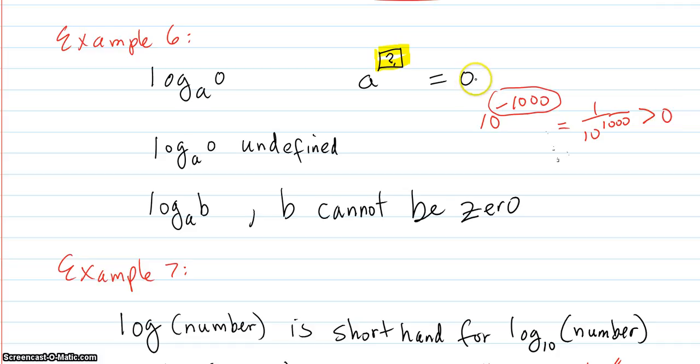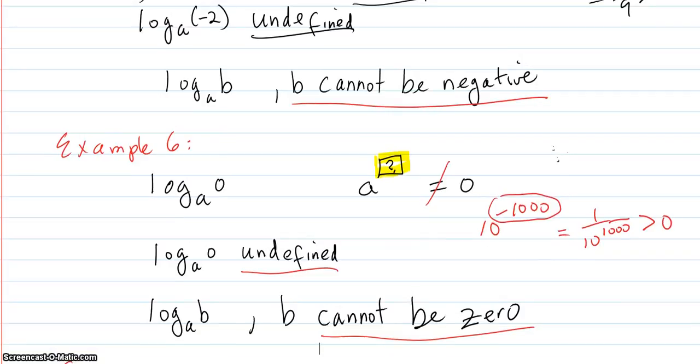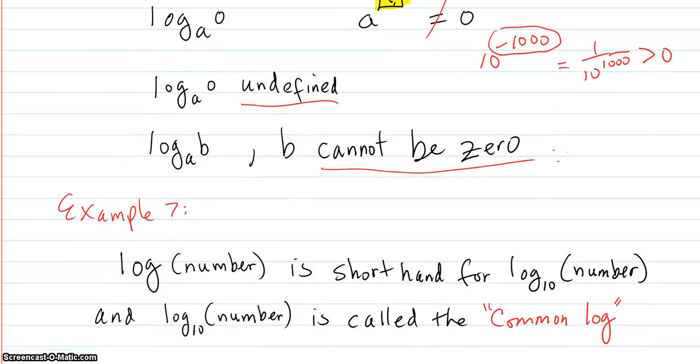You cannot get 0. It's never going to be 0. So log base a of 0 is undefined. So in log base a of b, b cannot be 0, and it can't be negative. In other words, b has to be greater than 0.